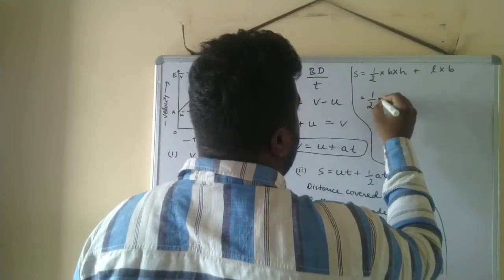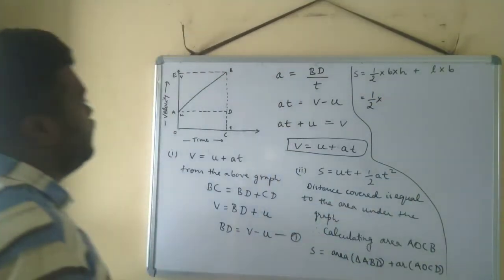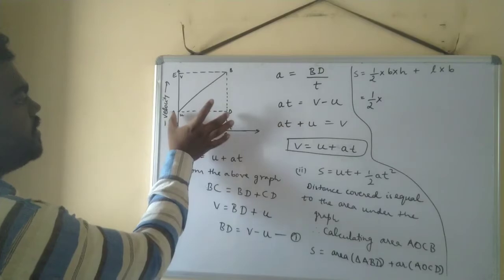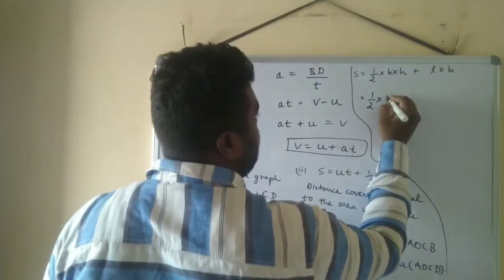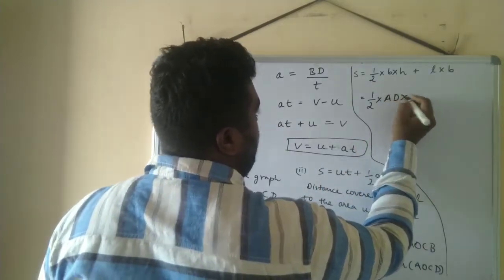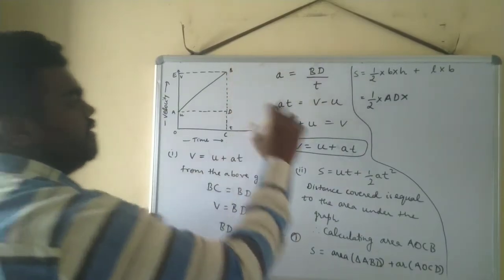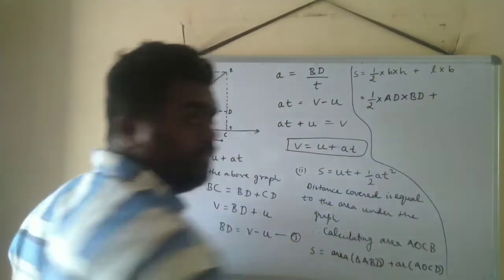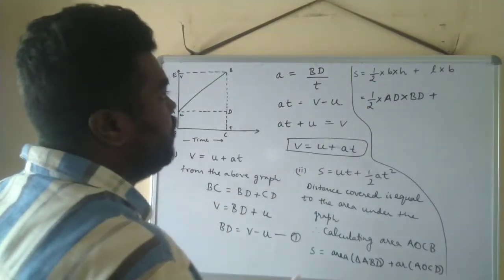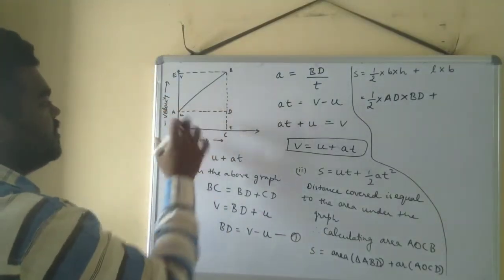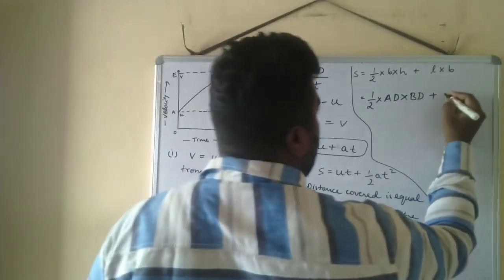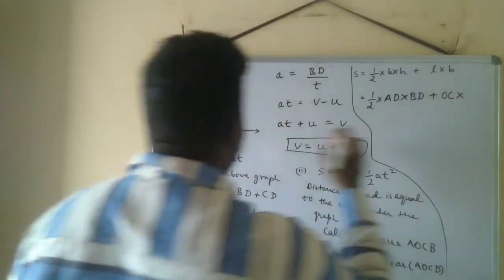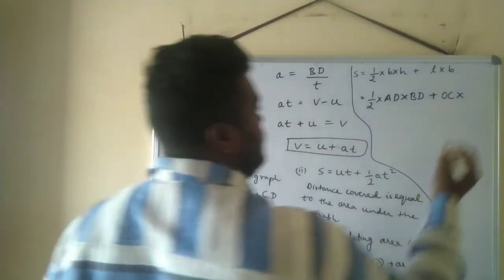Half into base of this triangle, base is AD, into height, ये है BD, yes, plus length into breadth of this rectangle, length is OC into breadth DC.